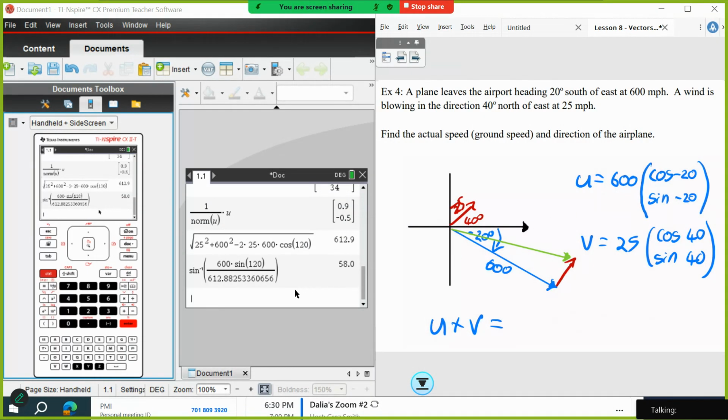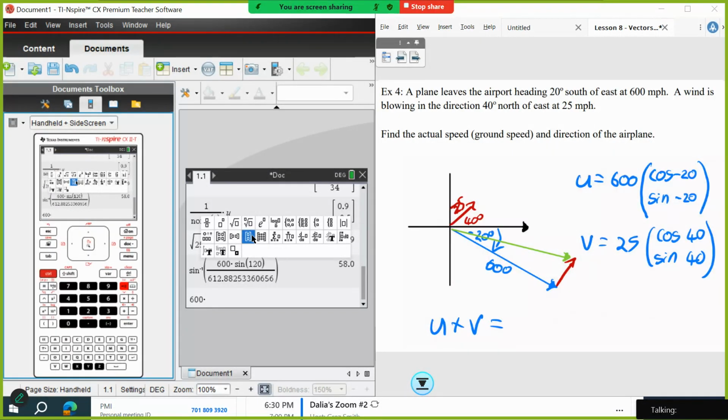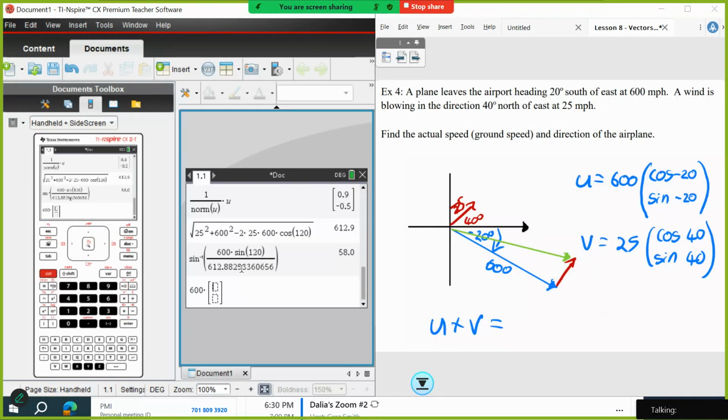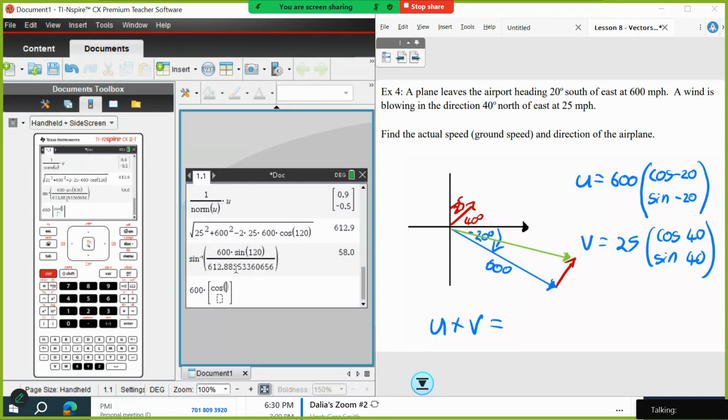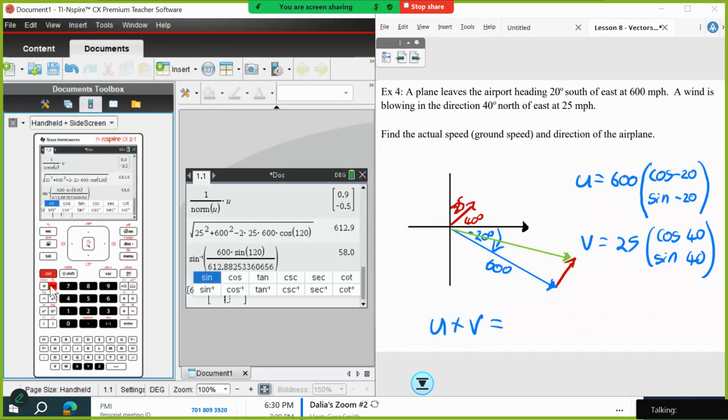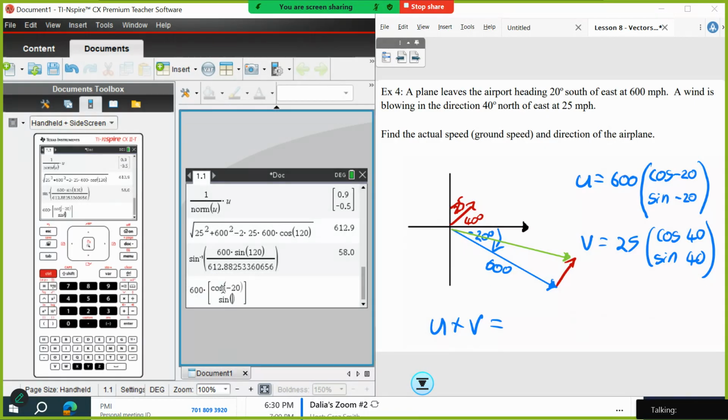So get your calculators in your hand, you can follow along with this one. Let's do 600 multiplied by, and then pull your templates button up, and we can put in here the cosine of negative 20 over the sine of negative 20.